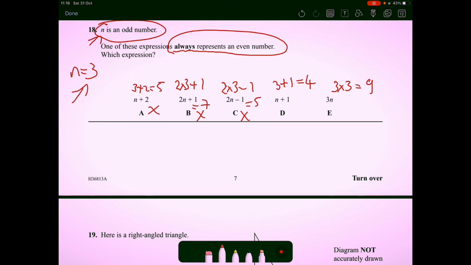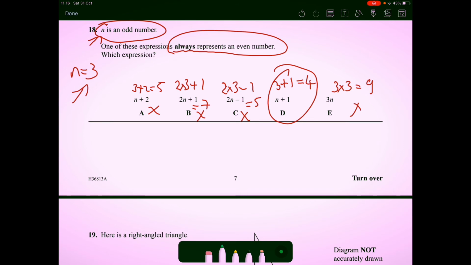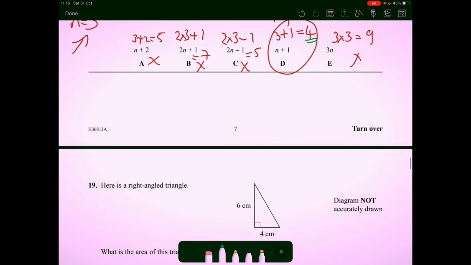Now the only one so far that hasn't given us an odd number is this even one here. If I had time, I would also check it with a couple of other ones as well. Maybe I'll check a different odd number, 5 plus 1. Will that equal 6? So that will also give us an even number as well. And remember, an even number is basically any number that when divided by 2 has no remainder. An odd number is any number that when divided by 2 does have a remainder of some sort, a leftover.